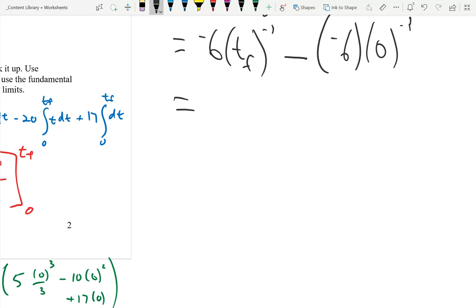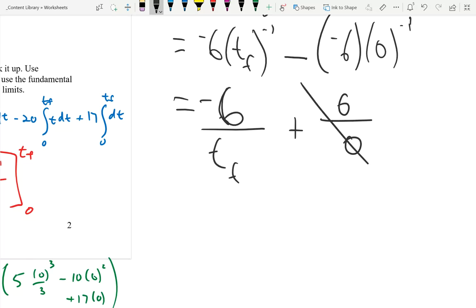As Dr. Webb just pointed out, you've got this negative 6 over t final, and then you have plus, because you have a minus negative 6, so that sign changes, 6 over 0, and you can't do that. So the answer is undefined. The answer for the whole thing is undefined.